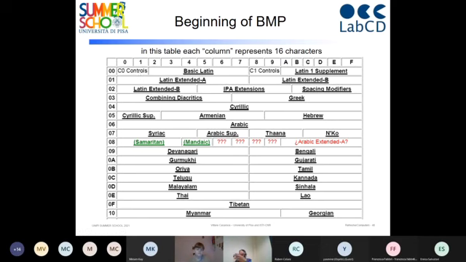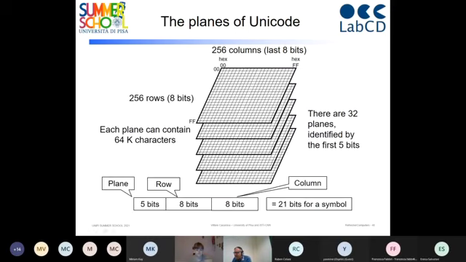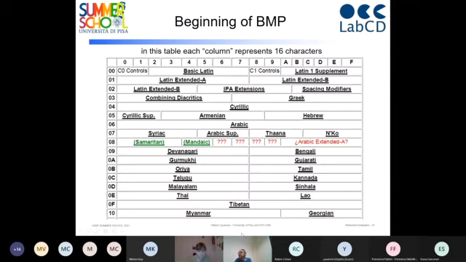If you are following my reasoning, all the bits before these 8 bits are all zeros, because this is the first plane, the first row, and the first column. And then Unicode has assigned the codes of the other alphabets going down. You start just in this first plane, which is called the basic multilingual plane.